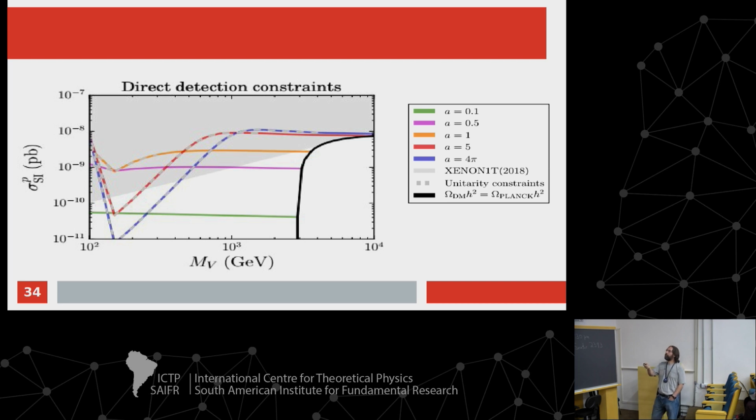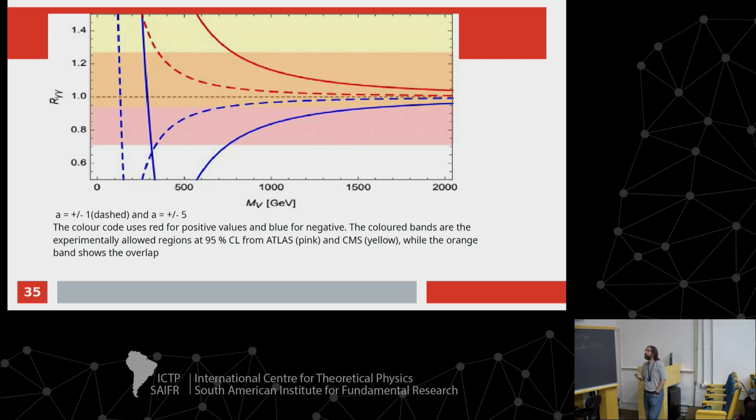We are safe with respect to direct detection. This black line represents the point which saturates the relic density, which is phenomenologically interesting, and this gray area is excluded by Xenon1T, but we are in the safe region. We are also safe with respect to the Higgs going into two-photon limits.